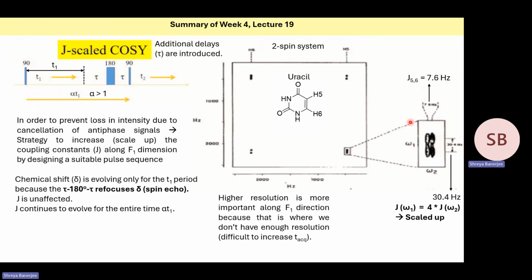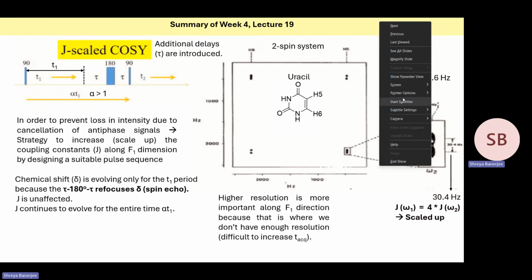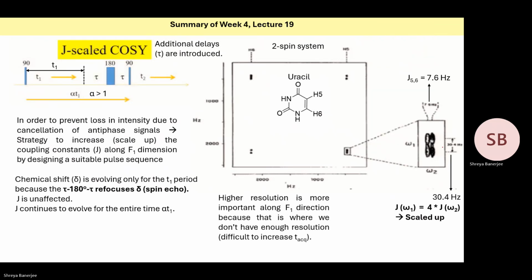And omega 1, if you see, it is 4 times the J value. This distance is the J value along omega 2 and this distance is the J value along omega 1. The J value of omega 1 has become 4 times the J value of omega 2.